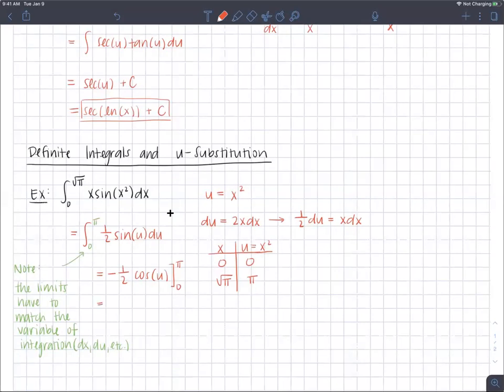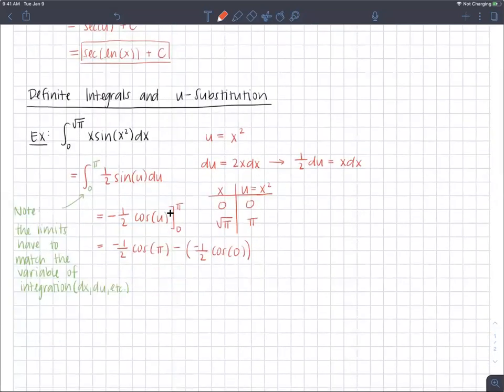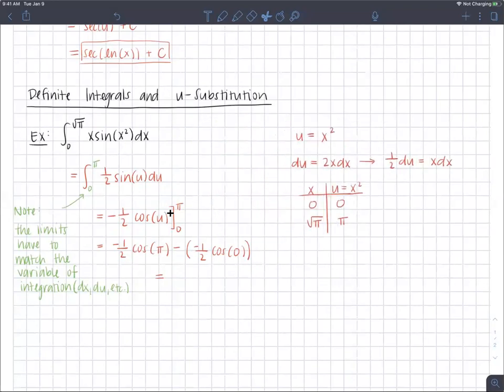And so here we're going to get negative 1/2 times the cosine of pi minus negative 1/2 times cosine of 0. And so here, let me move this. It's starting to look a little clunky. And so here you get that cosine of pi is -1.